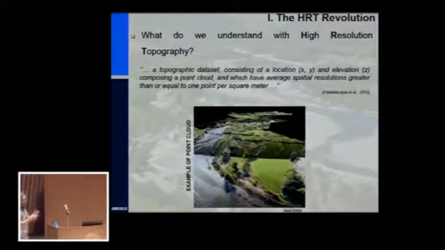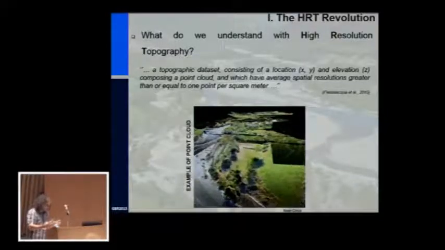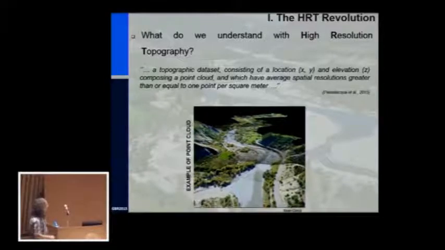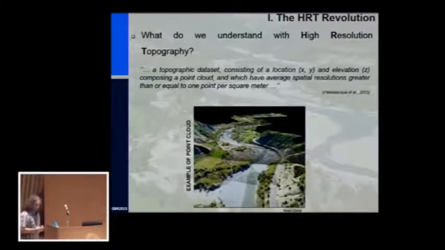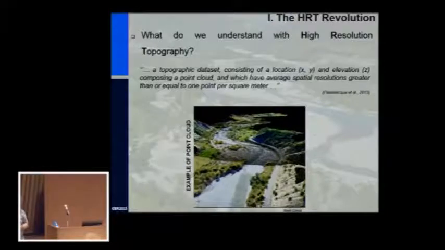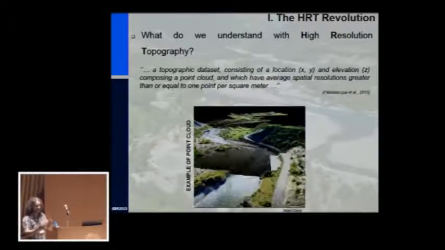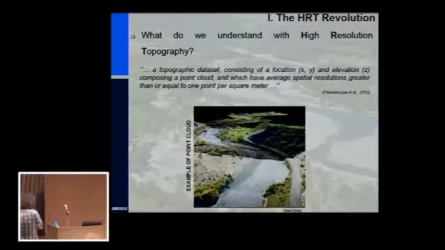Of course, all together is what would comprise a point cloud. And they say that the minimum spatial resolution of this data set has to be 1 point per square meter. And of course, there's a lot of discussion on that because this will depend on the landscape that we want to characterize.